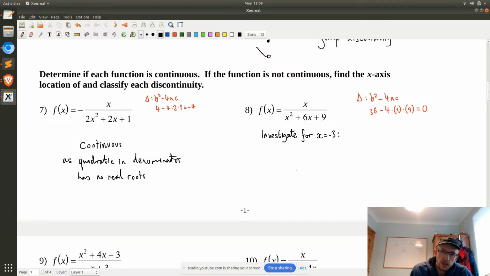So at -3, it will simply be undefined. But let's see now. I don't know if this is a valid approach, but I'm going to try -2.9 and then -2.99.